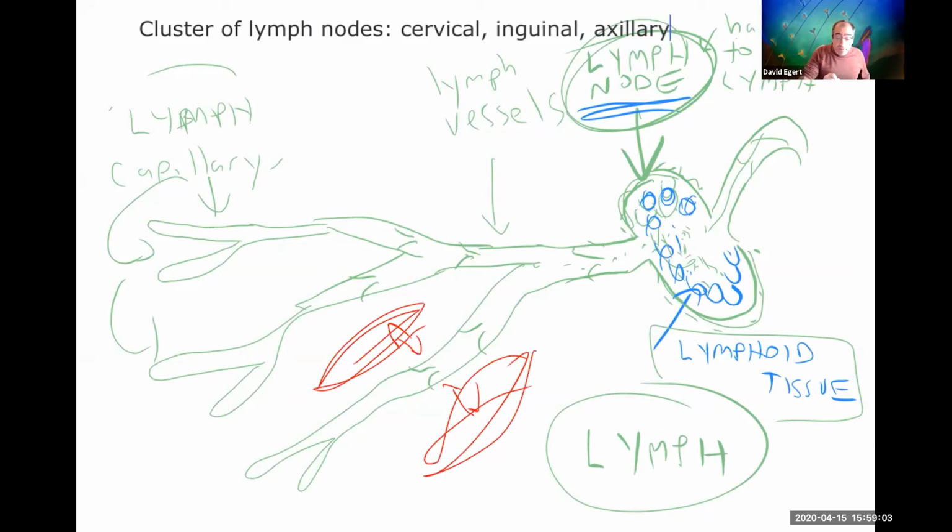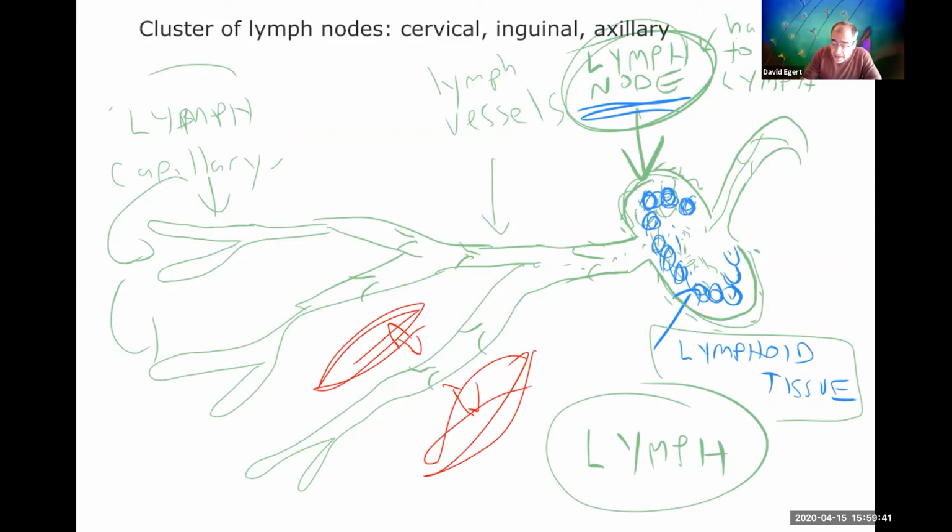The reason this is useful to know is, if somebody is fighting an infection, let's say you've got a sore throat, often people will start getting swollen glands. When people talk about swollen glands, it's actually the lymph nodes getting enlarged. So with these follicles I was talking about, if you have an active infection, you're going to have a whole bunch of B cells dividing to make more and more antibodies.